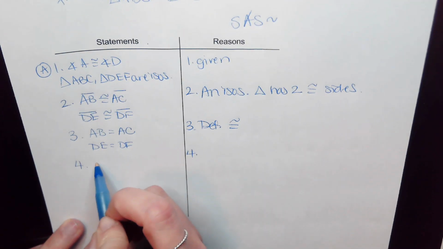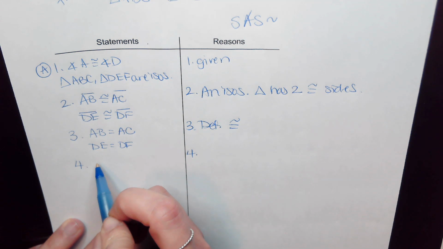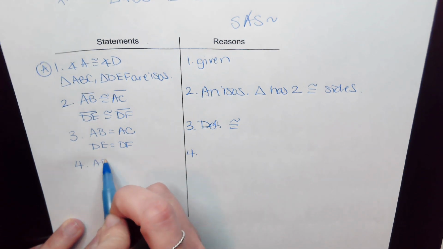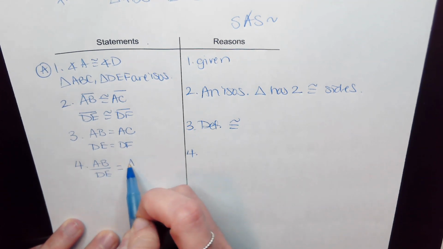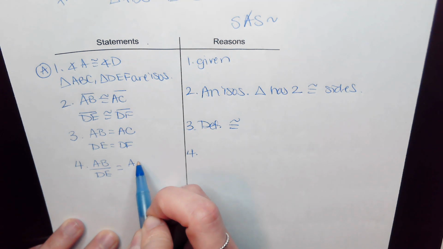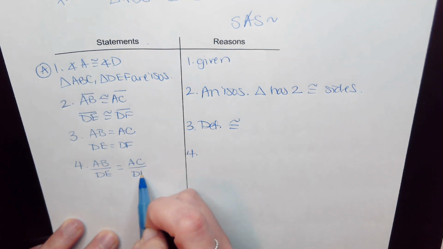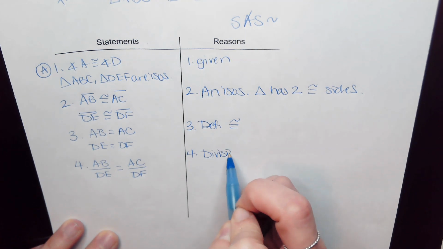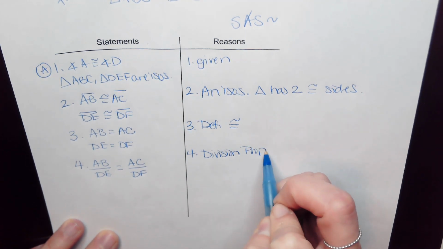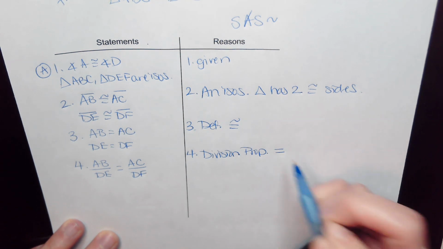And then we can say that we've got, let's do our division. So I can now take AB over DE is equal to AC over DF. And the reason for that is just your division property of equality. So not one we've really used too much in the past.